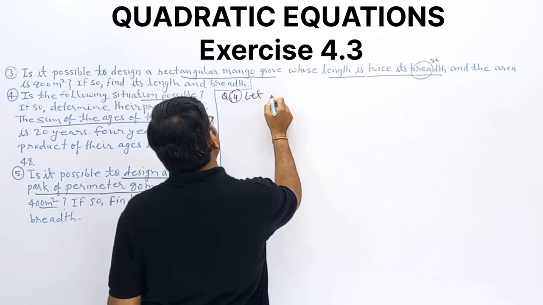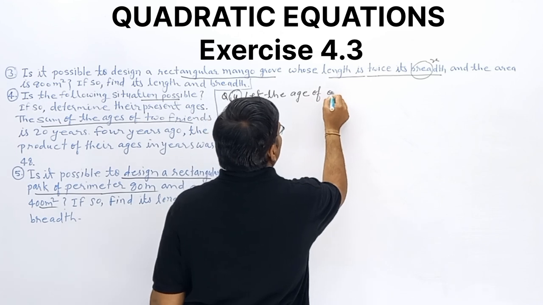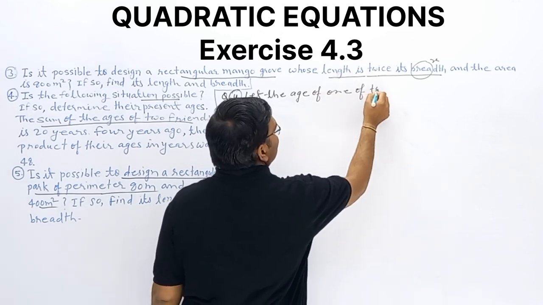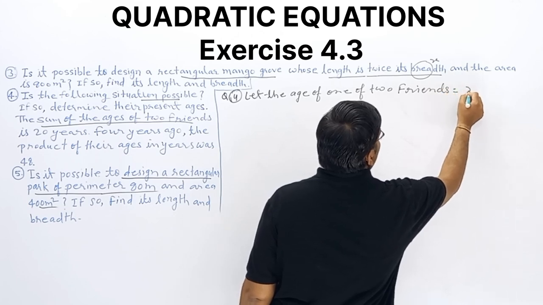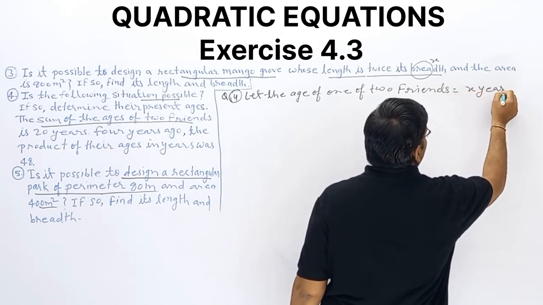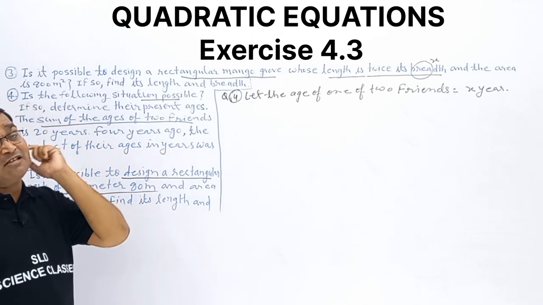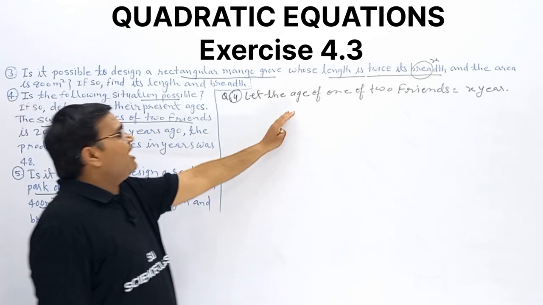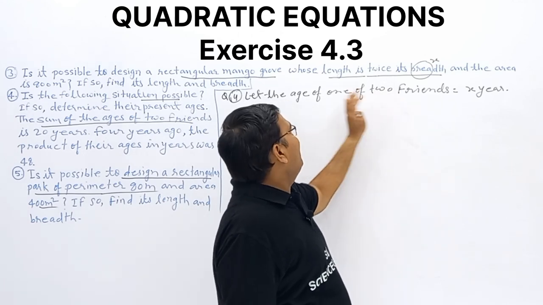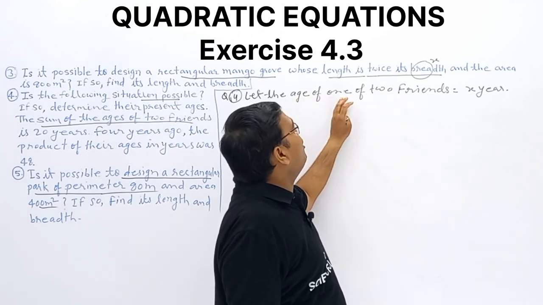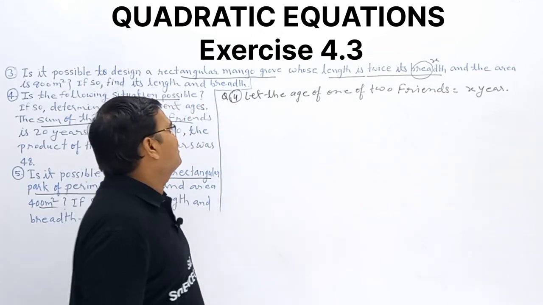Let the age of one of the two friends equal X years. Two friends, sum is given. So we are assuming age of one out of two. Age of one of two friends is what? X years.